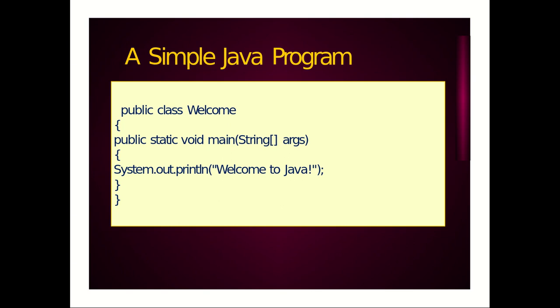And then we specify the parameter String args. It is a String type array used to pass parameters to the main method. Then we define the statement System.out.println. Here System is a class available in the JDK, and we use the output stream object to print the message welcome to Java.